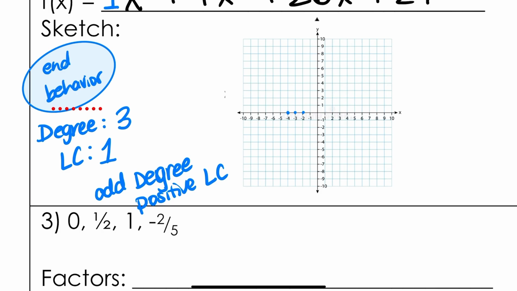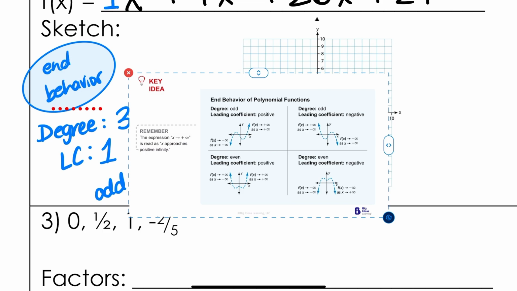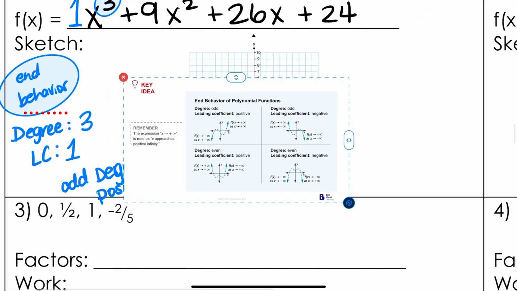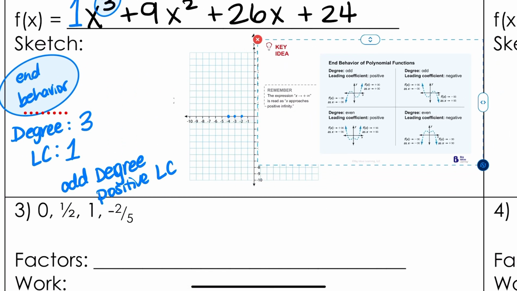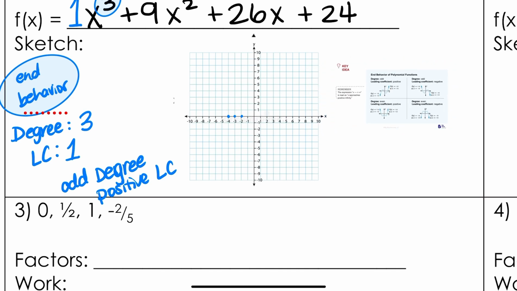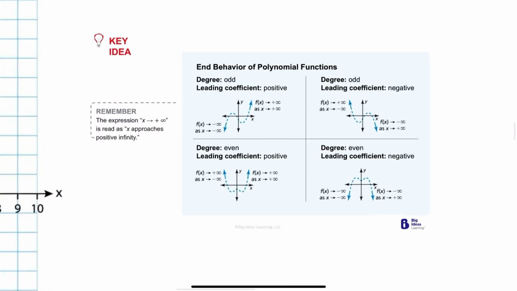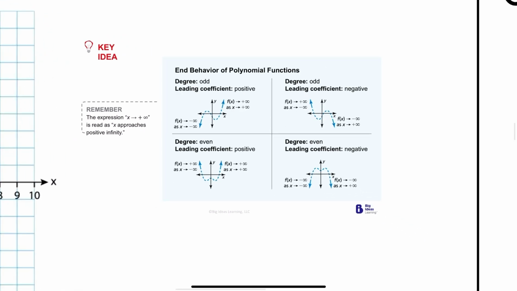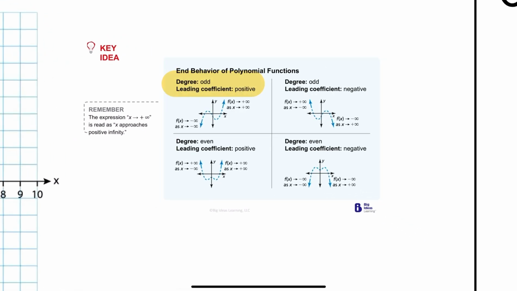So hopefully you're currently looking at the chart. I'm going to bring it up here to remind you. We are in this corner of the chart. The top left, odd degree with a positive leading coefficient.